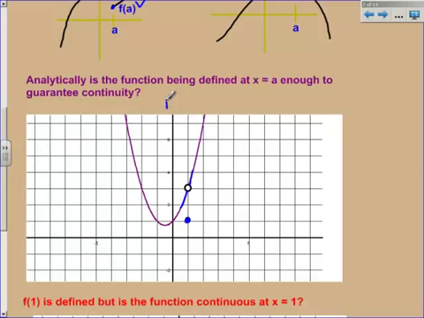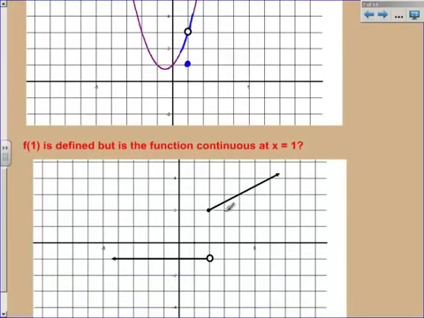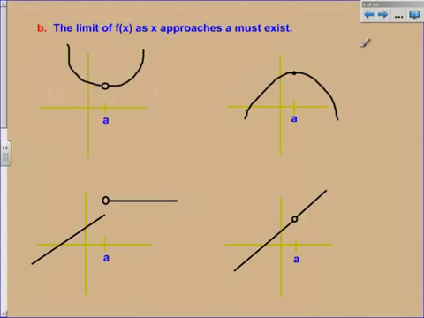So no, that is not enough to determine continuity. Here's another example. I've got f of 1 being defined, but I cannot draw my graph through that point. So anyway, that actually is x equals 2. I messed that up. It should be x equals 1 over here. So anyway, f of a being defined is not enough to determine continuity.